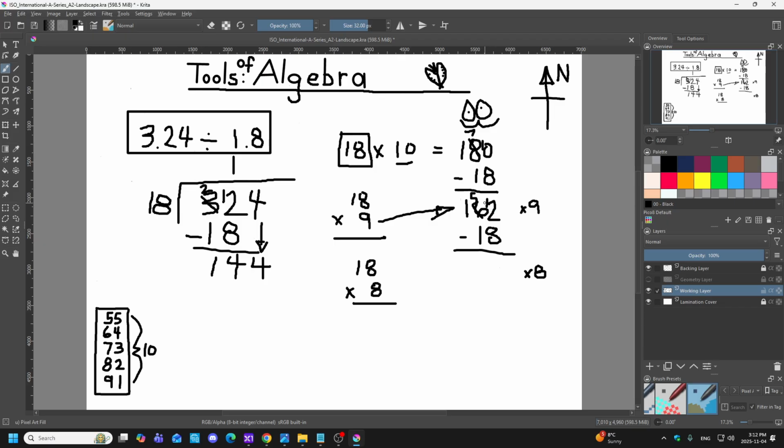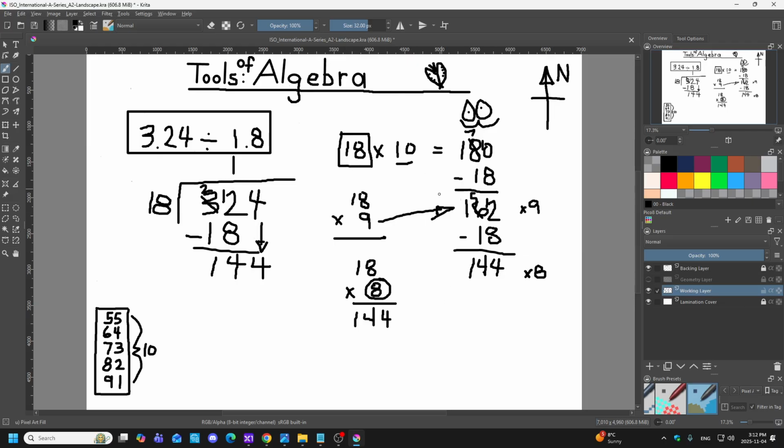The 2 becomes 12. 12 take away 8 is 4. 5 take away 1 is 4. Bring down the 1. Therefore, 18 times 8, in fact, is 144. We're done. So all we need to do, there's our answer.